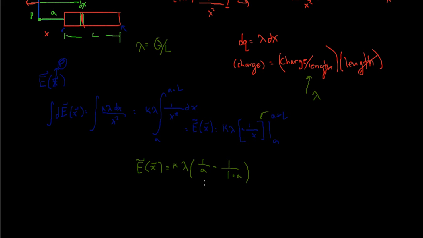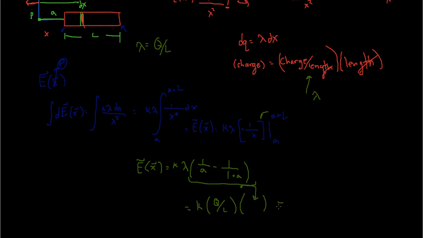So if we plug that in for lambda, we now see that the electric field vector in the x direction is equal to the constant of 9 times 10 to the 9th times its total charge over its total distance, or just its charge density, times this expression from the calculus part.